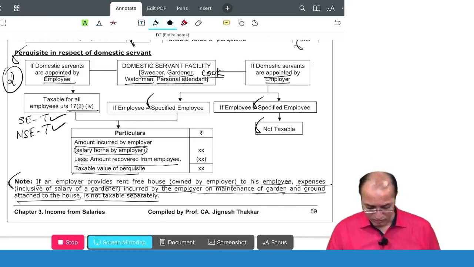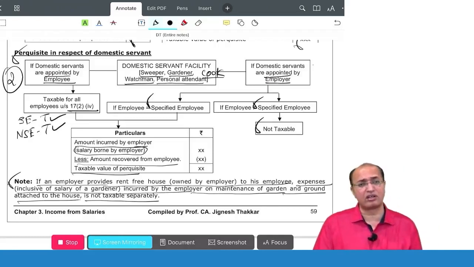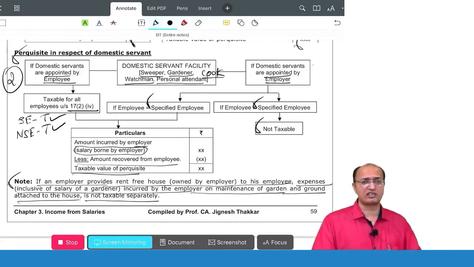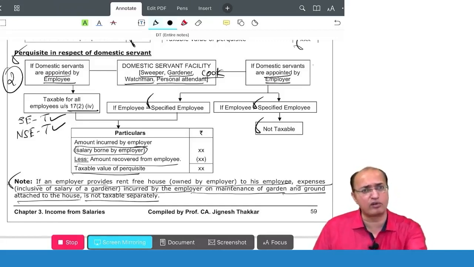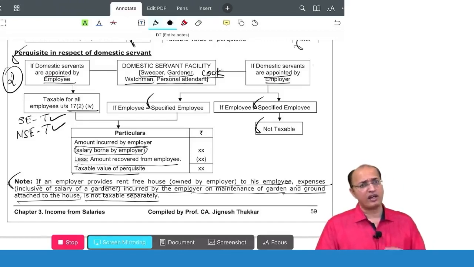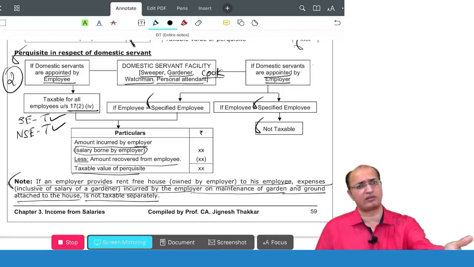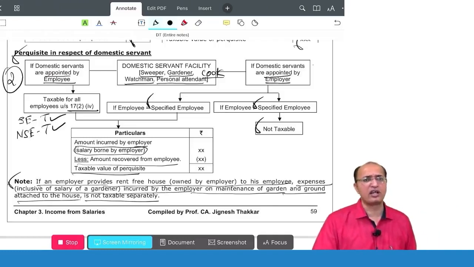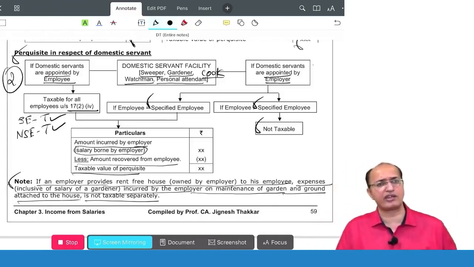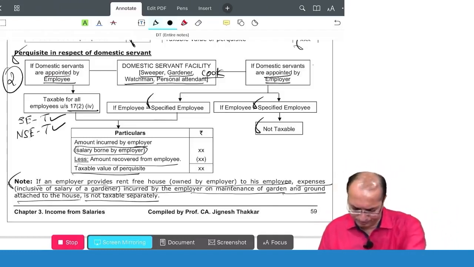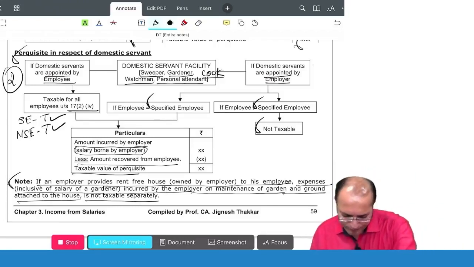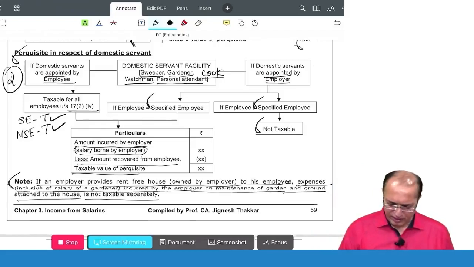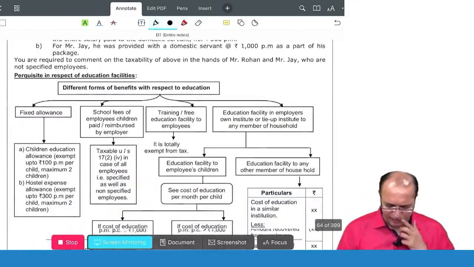So when we say borne by employer, we say that salary is either paid by employer to domestic servant, or it is paid by employee to the domestic servant, and subsequently it is reimbursed by the employer. In that case, we say it is borne by employer.